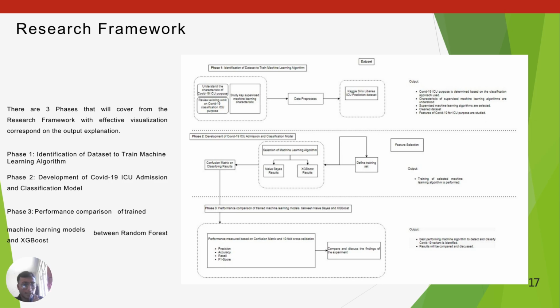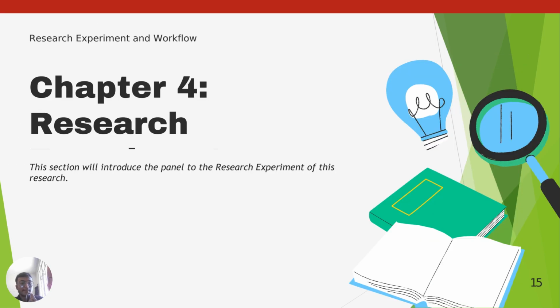Here is the development of the COVID-19 ICU admission classification model. The last phase is the comparison of the matrix values for both of the machine learning models. Chapter 4 is the research experiment.